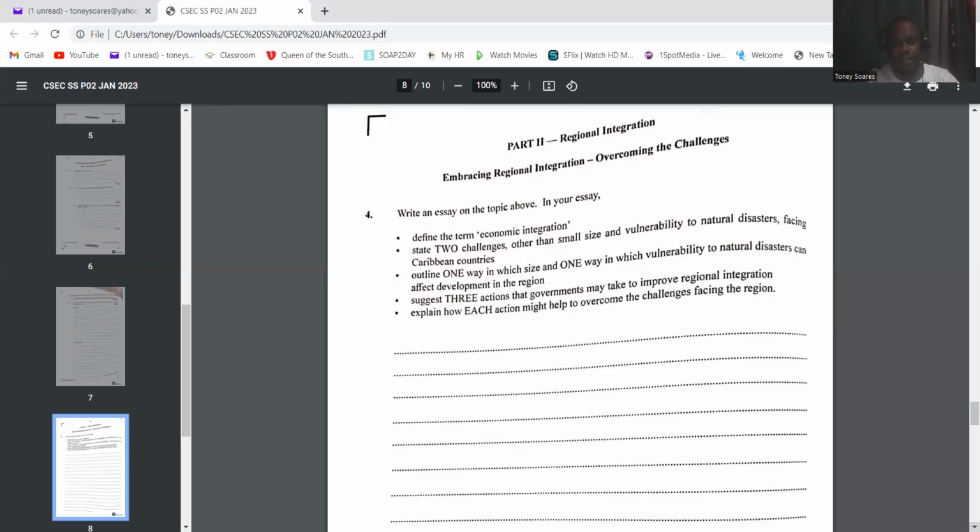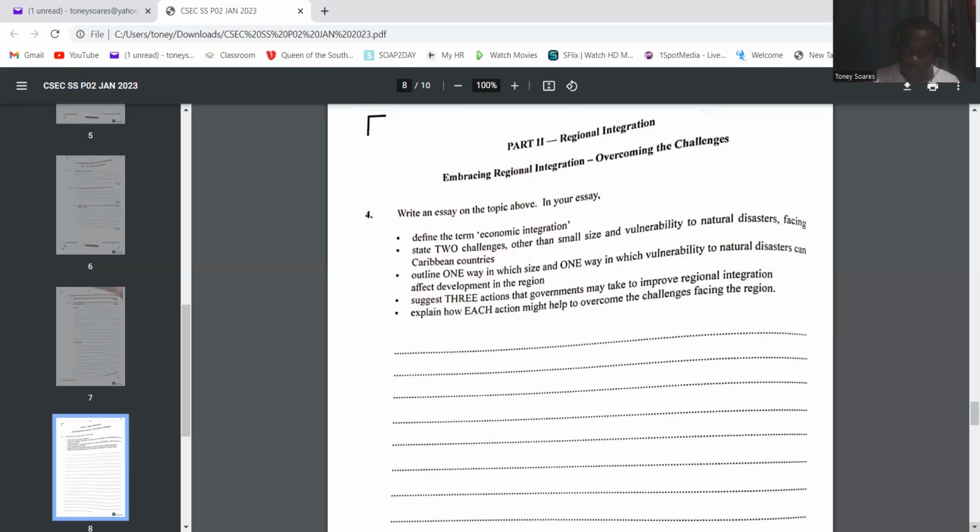Next part of the question now says outline one way in which size and one way in which vulnerability to natural disasters can affect the development of the region. All right, so let's look at size. Small nations have particular challenges when it comes to providing for all the functions of government, pursuing continued development of the country and improvements in standard of living and quality of life.